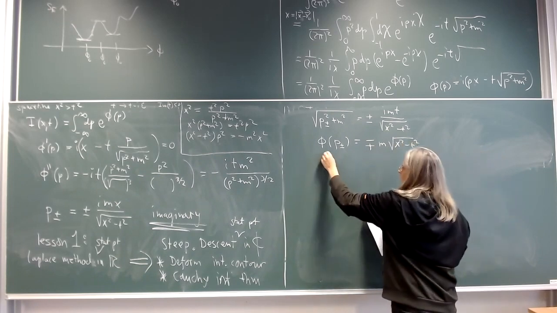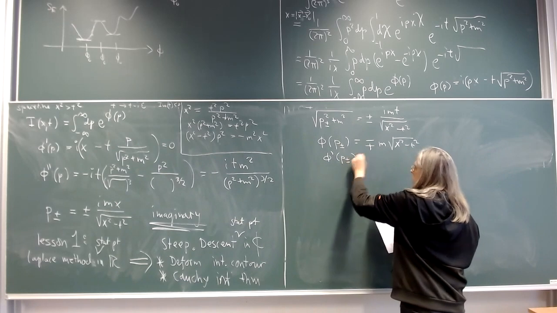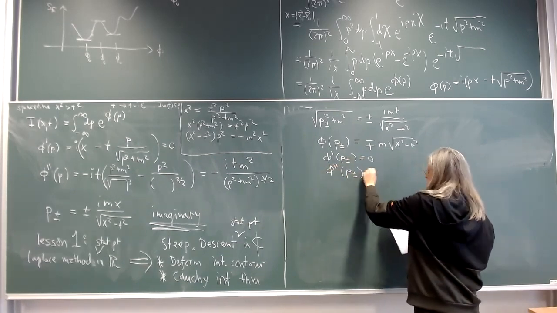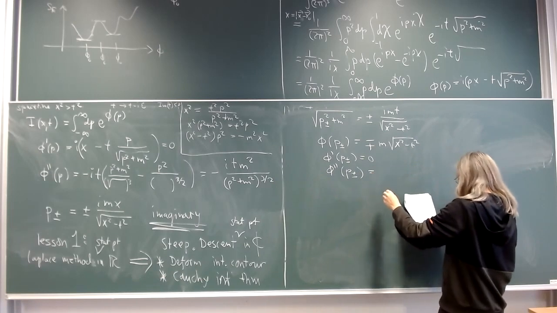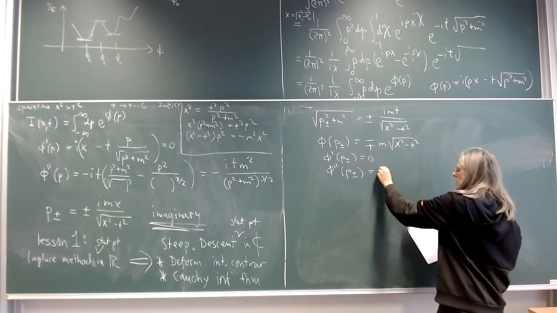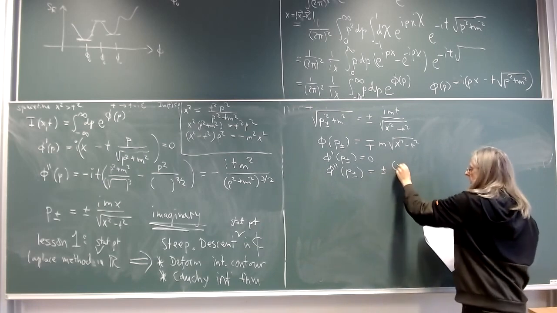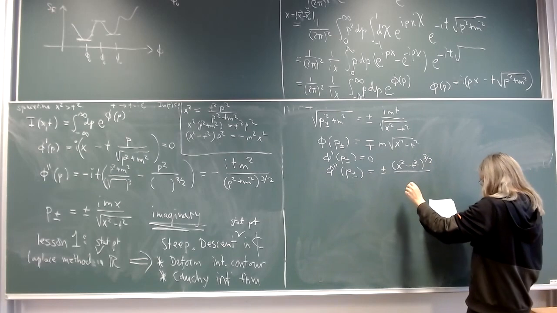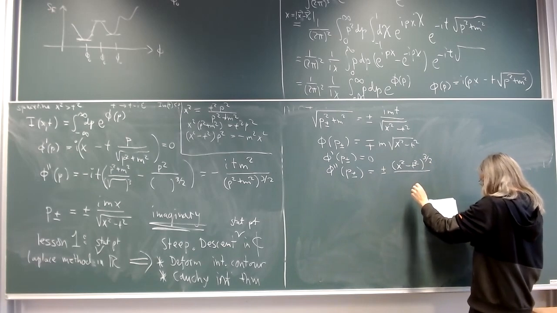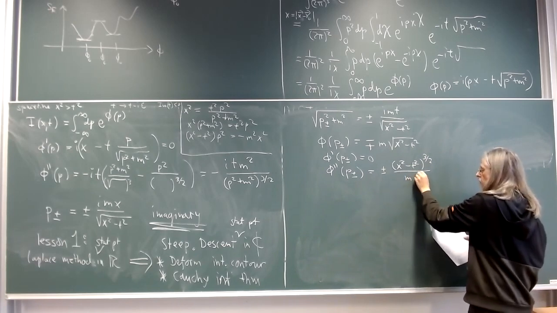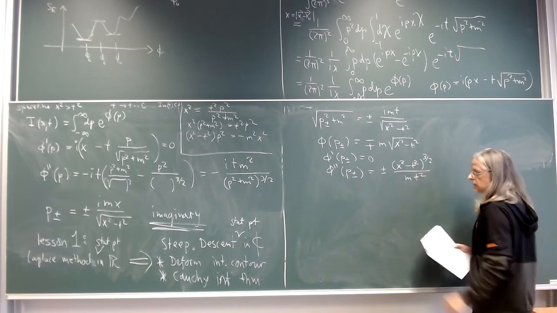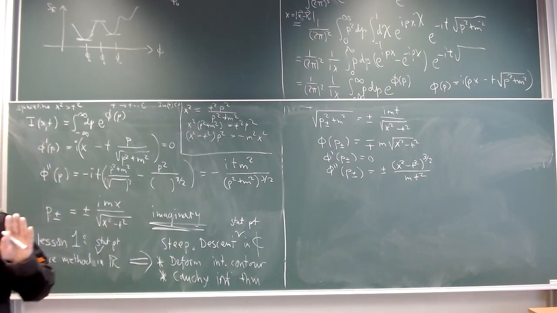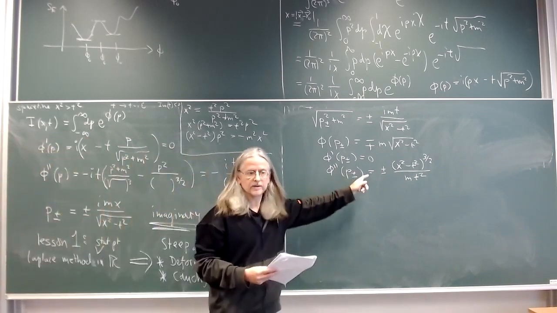And then, of course, phi prime at p plus minus is 0, and phi double prime at p plus minus is plus minus the square root of x squared minus t squared cubed, over n t squared. This is a trivial calculation. The only non-trivial thing is to get the sign correct.